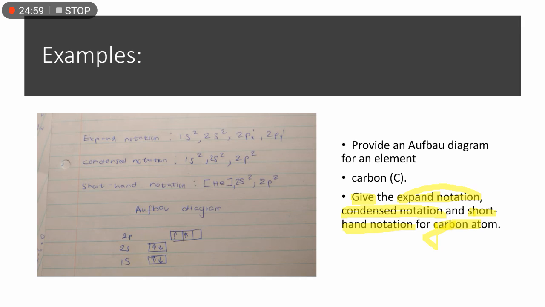Okay, as I look at it in the periodic table, you can see that it has an atomic number of 6, and you'll be like, oh, this means that it has a number of protons which is 6. And since it has 6 protons, it has 6 electrons.